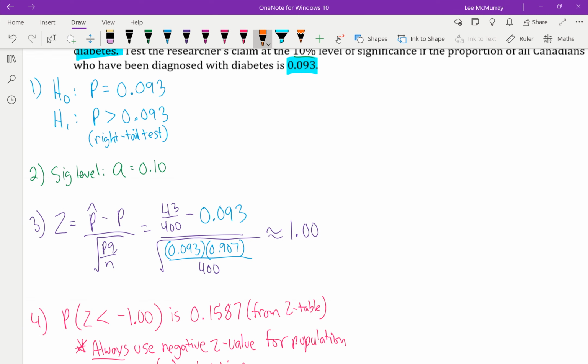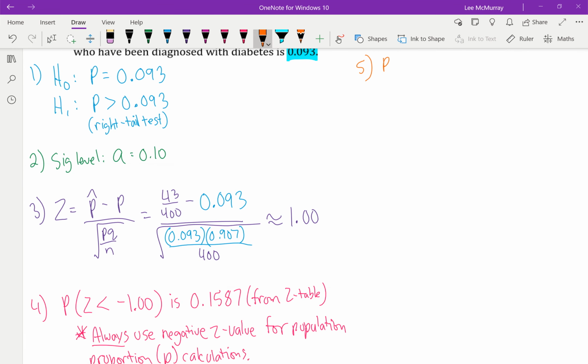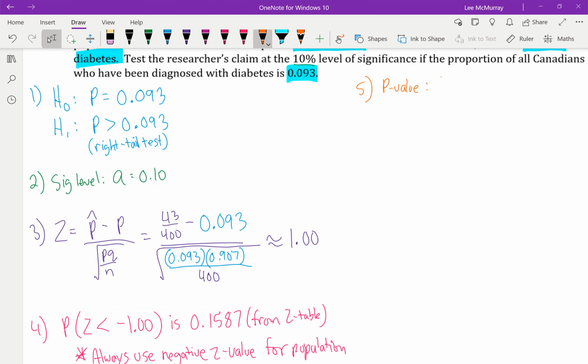So next, just to follow along with that, now let's compare our p-value to our significance level. In this case, our p-value is 0.1587. And our significance level, alpha, was equal to 0.10.